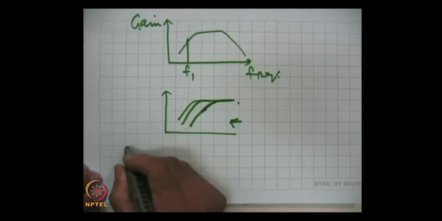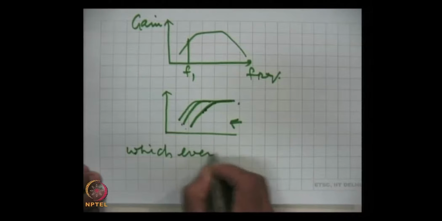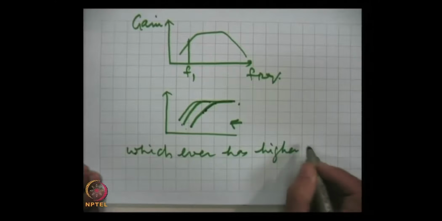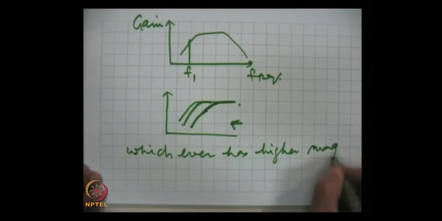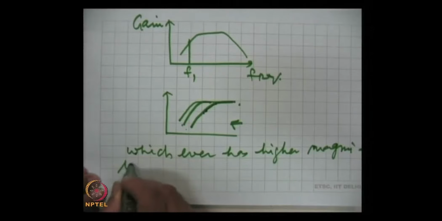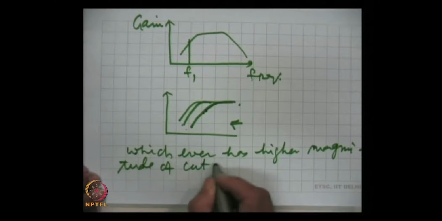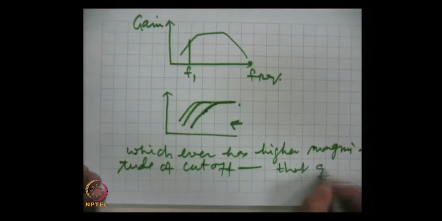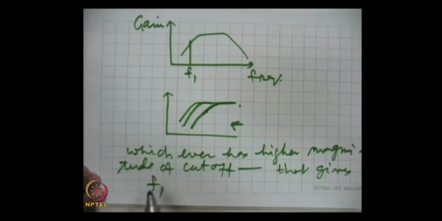So, out of the 3, whichever has higher magnitude of cutoff, that gives f1, the lower cutoff.